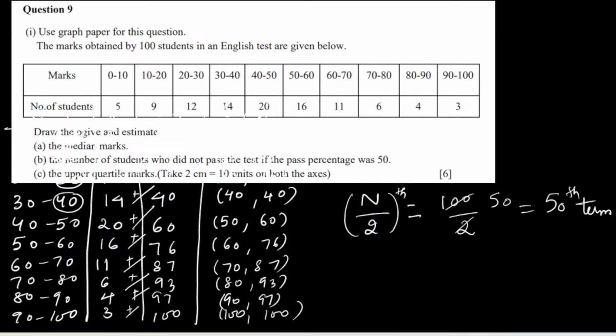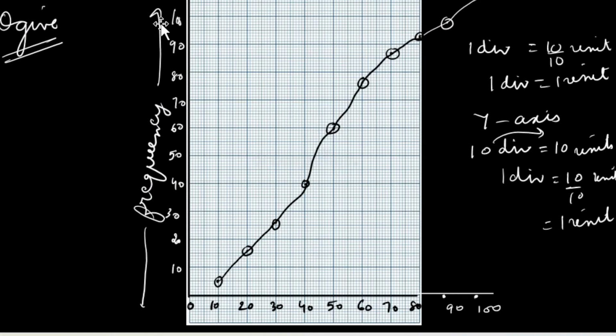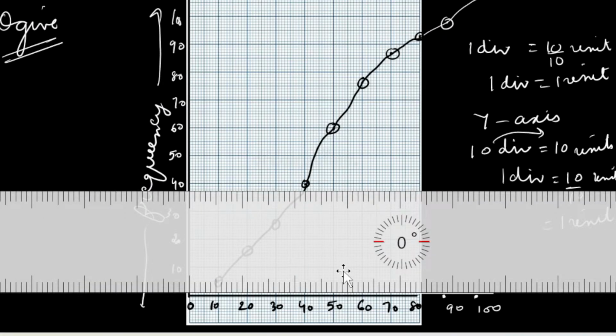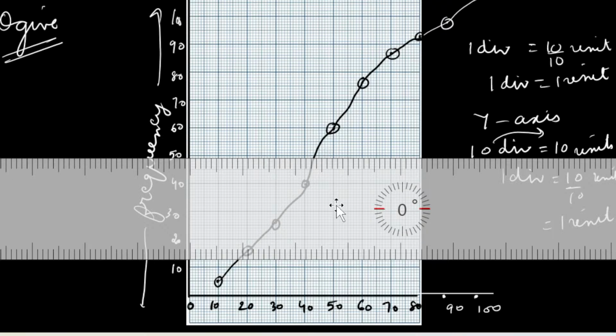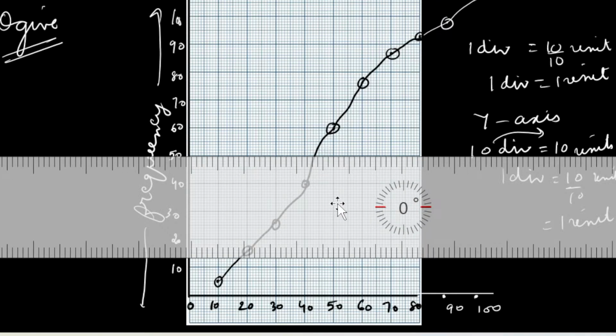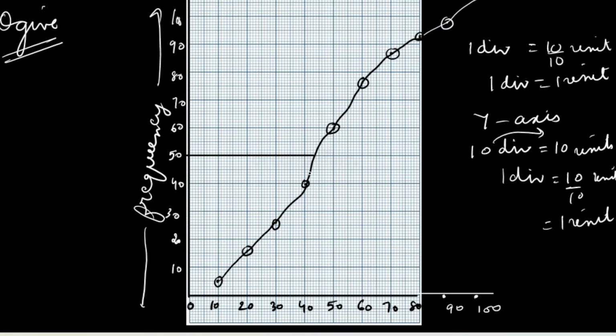So basically you have to go back to the graph. Frequency 50, because n by 2 we got 50. At 50 you just have to draw one horizontal line with the help of a scale, and it should touch the curve.